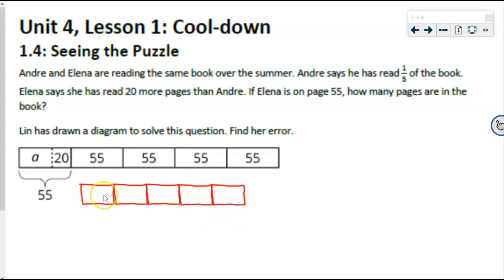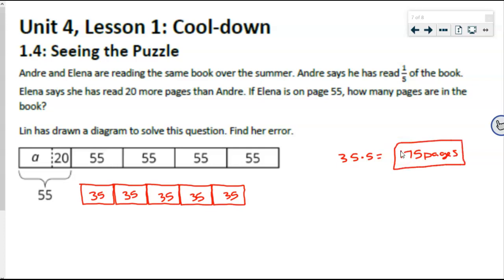So this is Andre, which is 1/5. If I multiply that by 5, you can see it is the correct length. And we know that this length, 55, minus that 20 pages extra that Elena has read, that gets us to an amount of 35, which we then have 5 of those pieces. So 35 multiplied by 5 is equal to 175 pages.